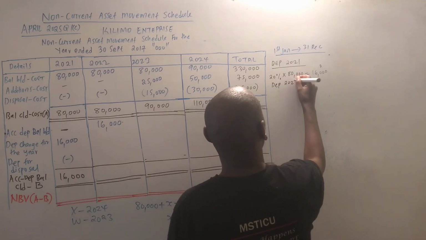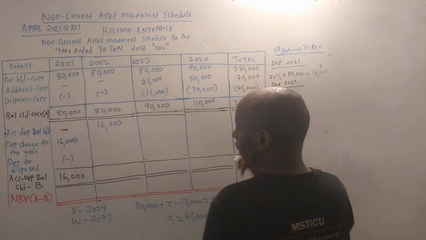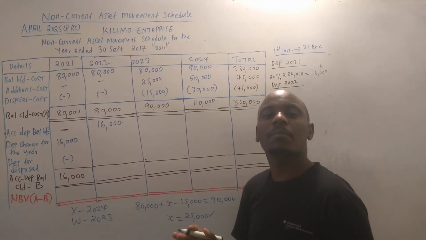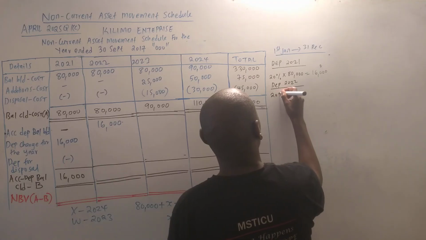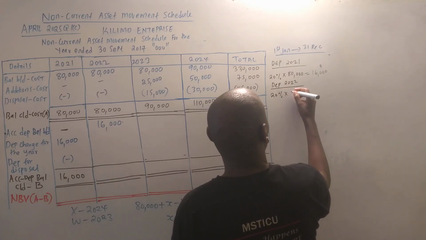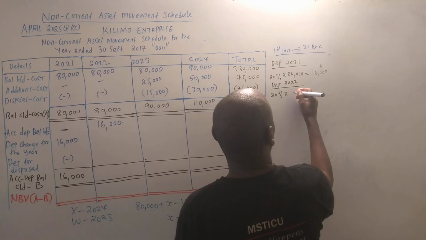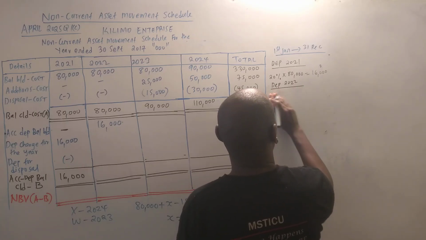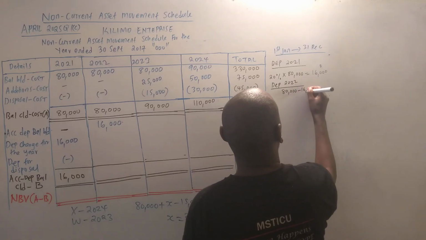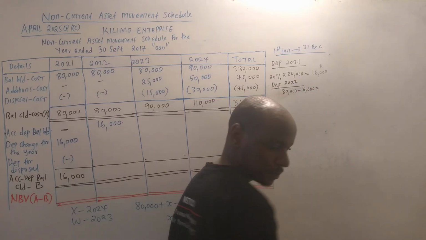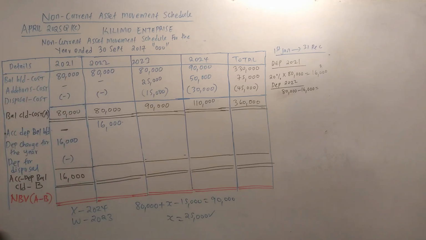For 2022, remember they said it is on reducing balance. So it will be 20% times the balance first. Let us just say 80,000 minus 16,000.